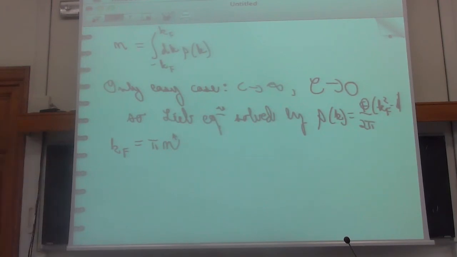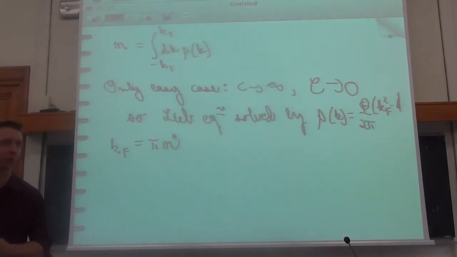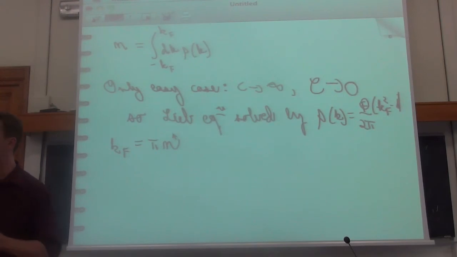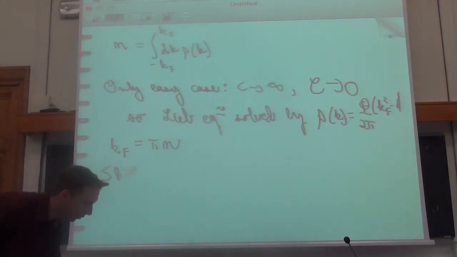So that's the way you do it for generic C. You just take your computer, you iterate a few times until you obtain the correct filling. If you go back to the original paper of Lieb and Liniger in 1963, that's exactly what they do. They give you plots of rho of k for different values of the interaction. Okay, so I can try to sketch maybe just for your information.